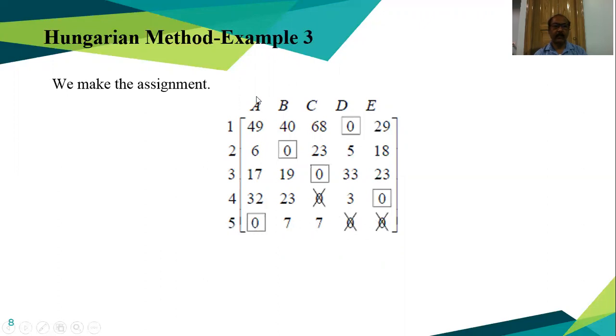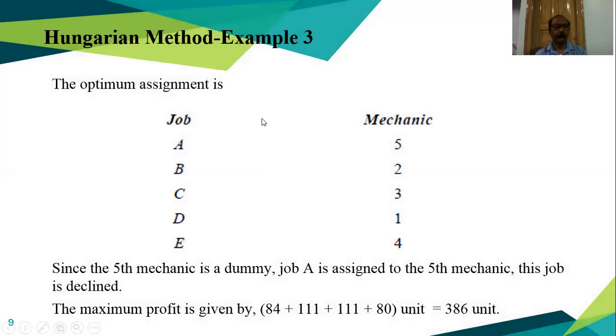Now see, since machine 5 is the dummy machine and job A is assigned to the dummy machine, that's why A is declined. Now the optimum assignment is: A is assigned to machine 5, the dummy machine.